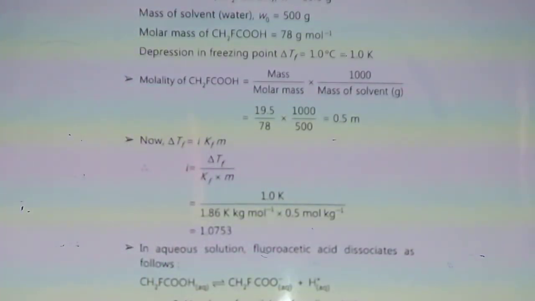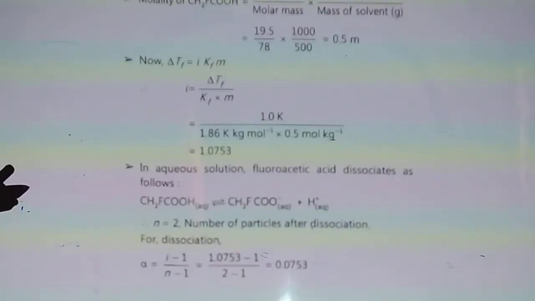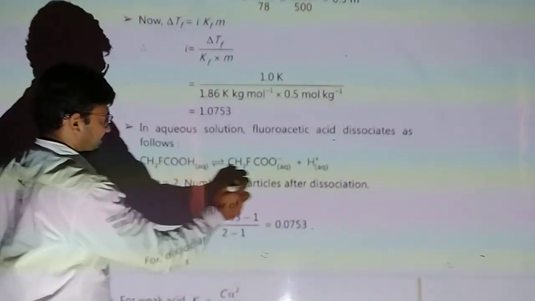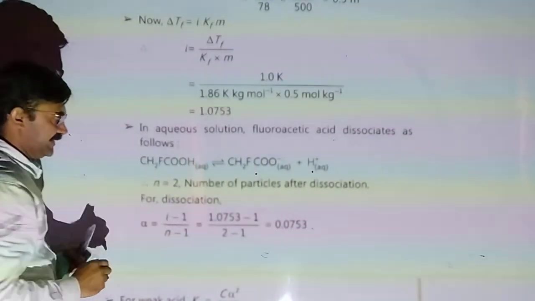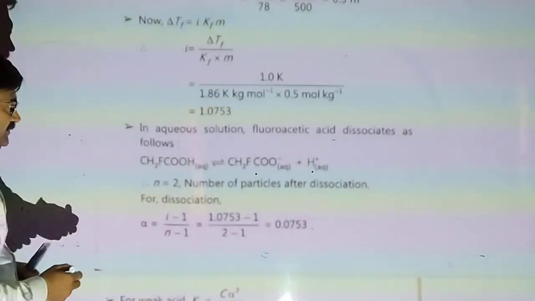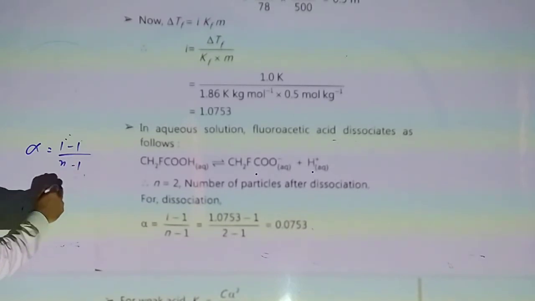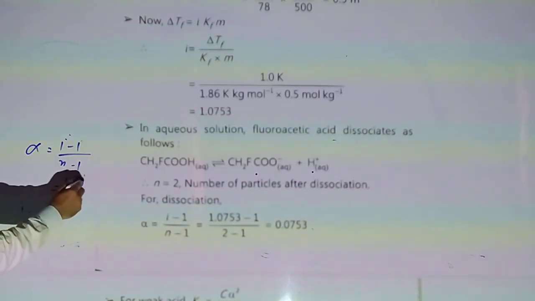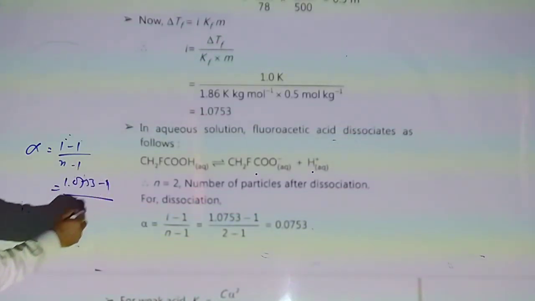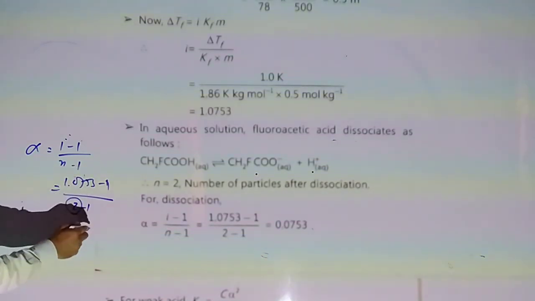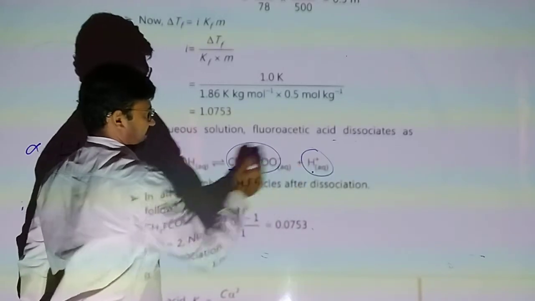So 1 upon 1.86 into 0.5, 1.0753 is our i. Fluoroacetic acid gives 1 H plus and 1 negative ion. So alpha is equal to i minus 1 upon n minus 1. 1.0753 minus 1 upon 2 minus 1. Why 2? It gives 2 ions after dissociation.